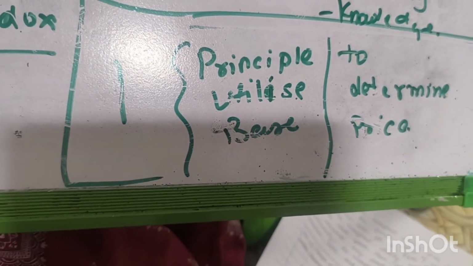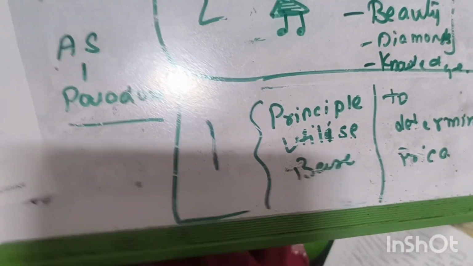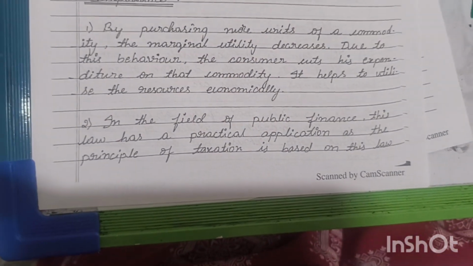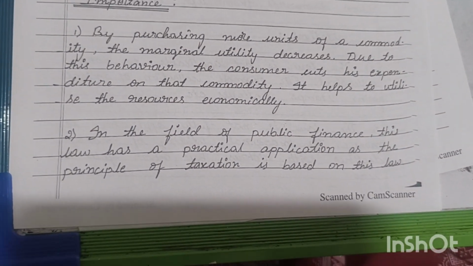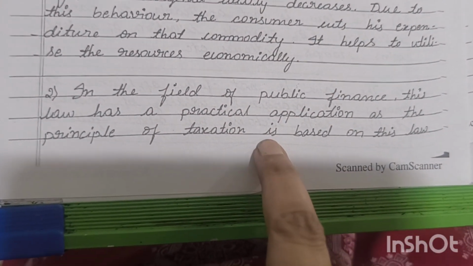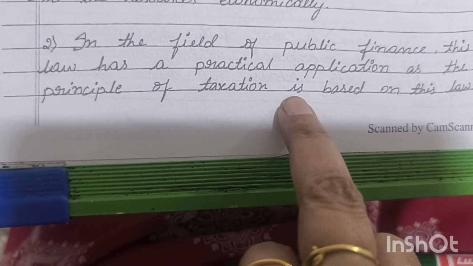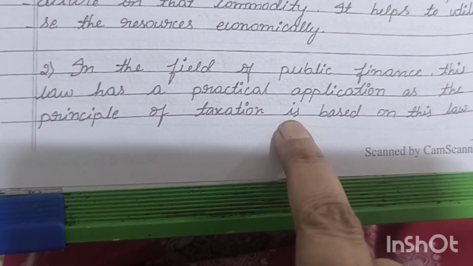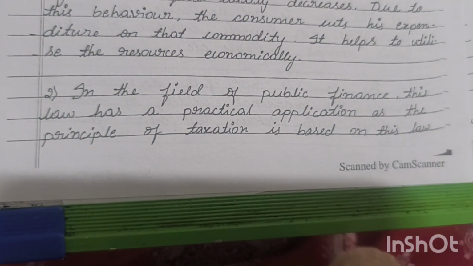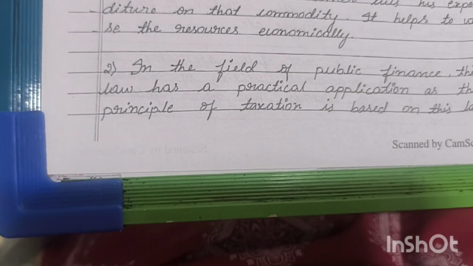The principle utilizes base to determine the prices. After the importance, for principle you can write the point. In the field of public finance, this law has a practical application for the principle of taxation.